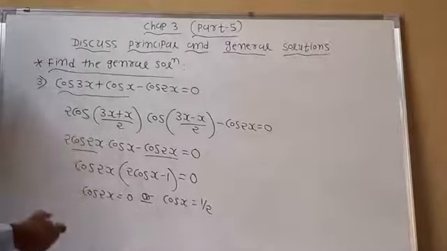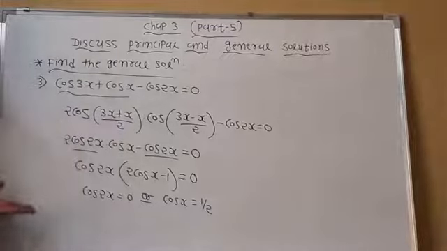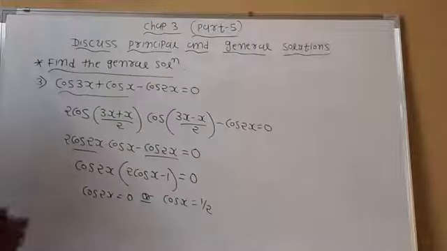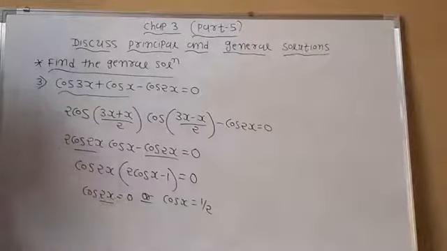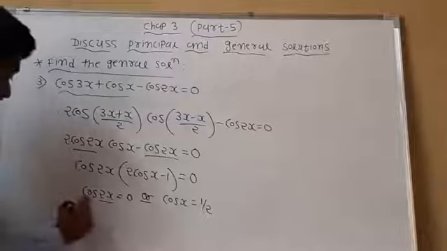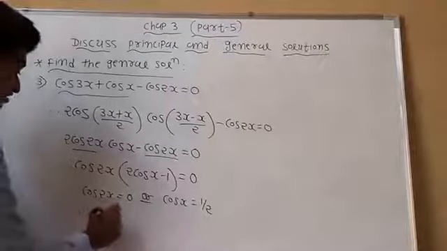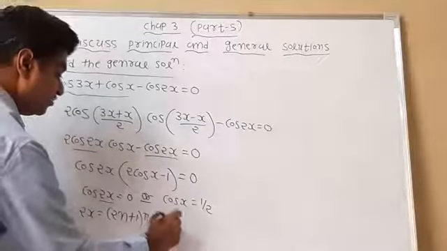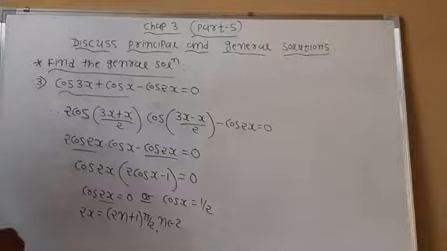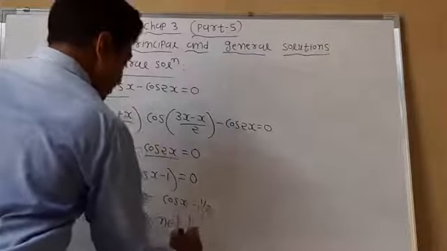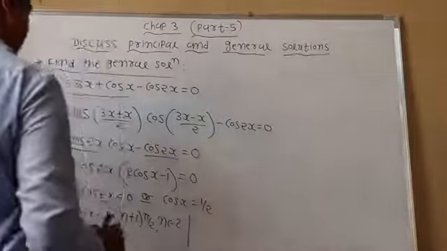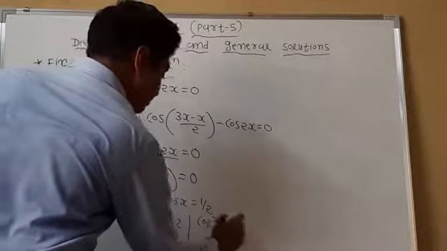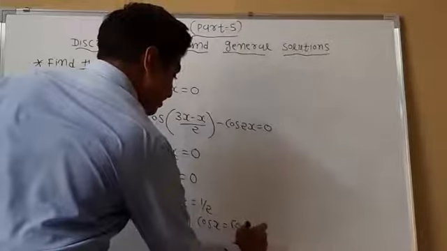So therefore cos 2x is equal to 0. Already the cos x is equal to 0 form is present, but here in place of x the 2x form is present. So therefore here we write 2x is equal to 2n plus 1 bracket into pi by 2, n belongs to z. And here cos x is equal to 1 by 2 form is present. So here we write cos x is equal to cos pi by 3.